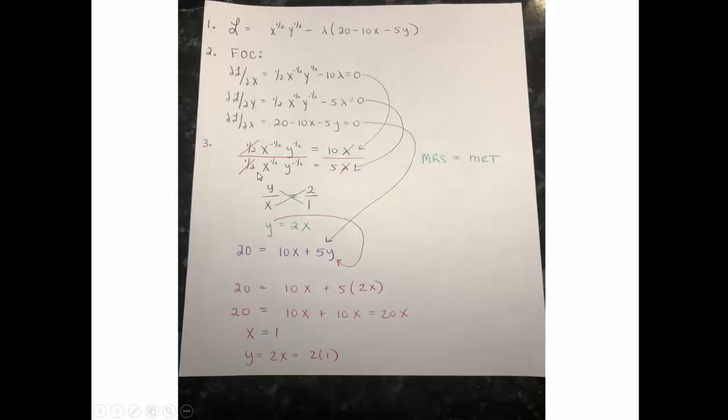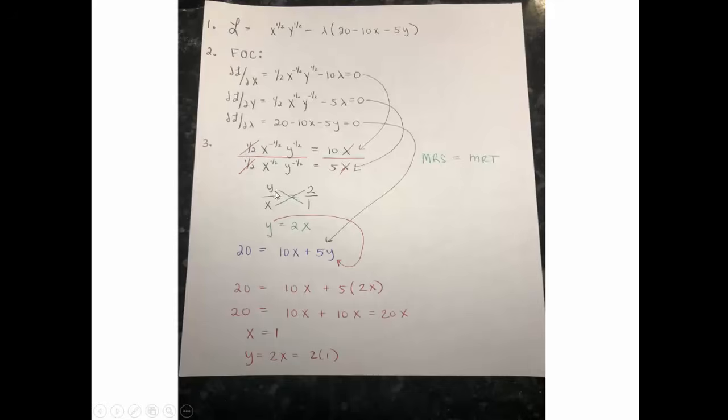Now I've got 1/2 x to the 1/2 y to the minus 1/2 equals 5 lambda. Then I'm going to stack one on top of the other. Doing that is going to, like the previous method, allow me to get rid of the lambdas, because on the right hand side I have a lambda in both the numerator and the denominator, and so those lambdas cross out.